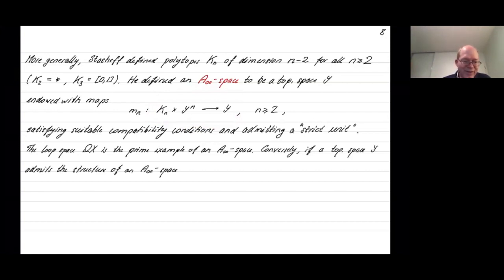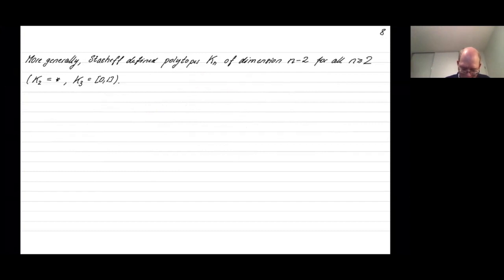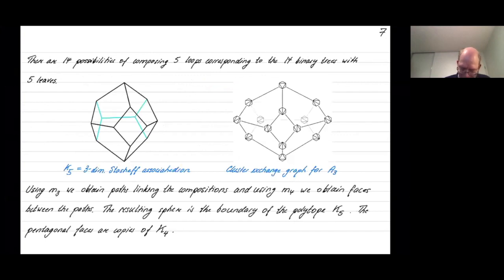The squares arise as follows. Here we have these squares, and they arise when you look at the following binary trees. Let's take a bigger example, a tree with 6 leaves.